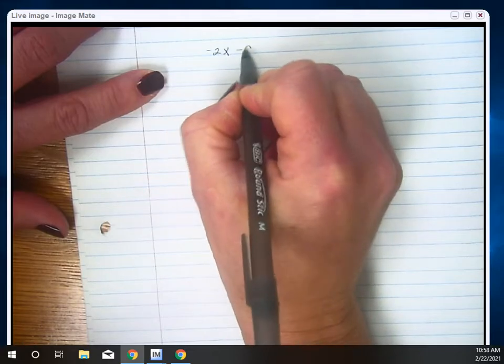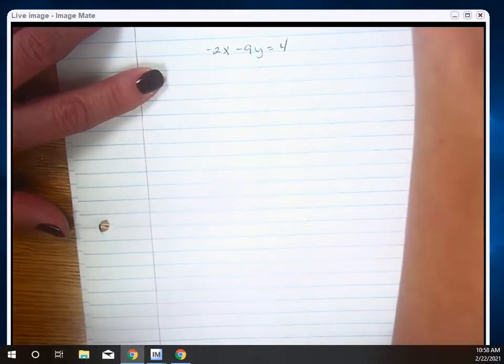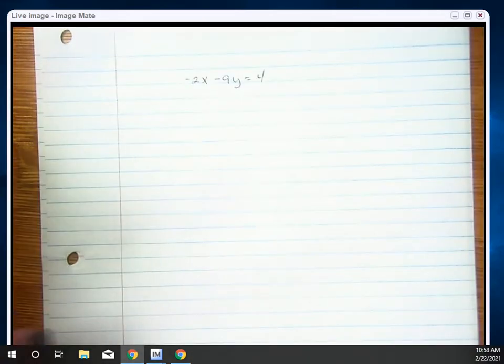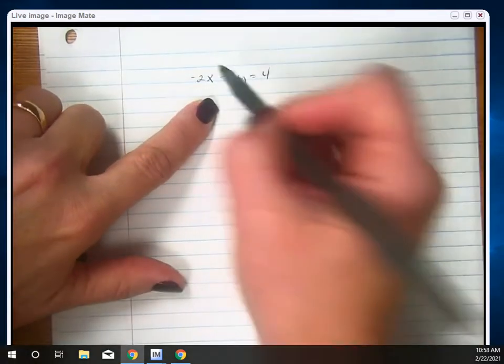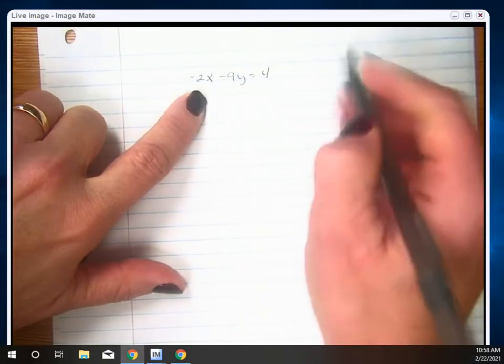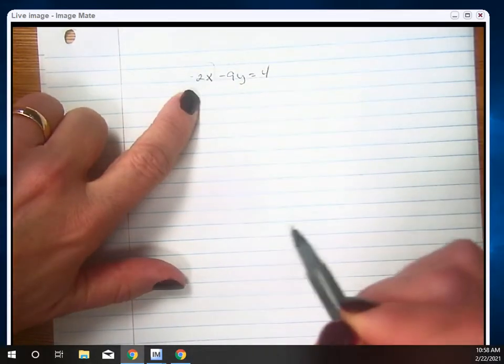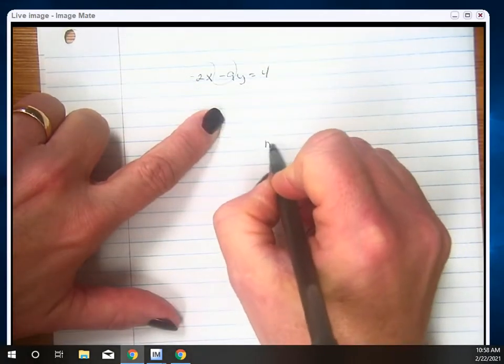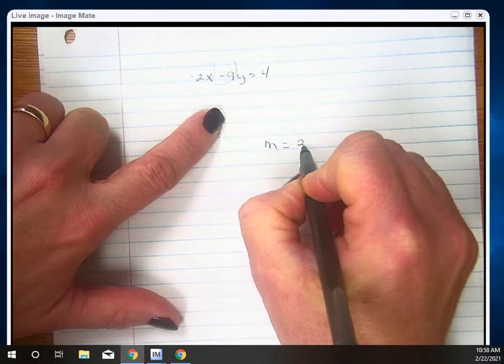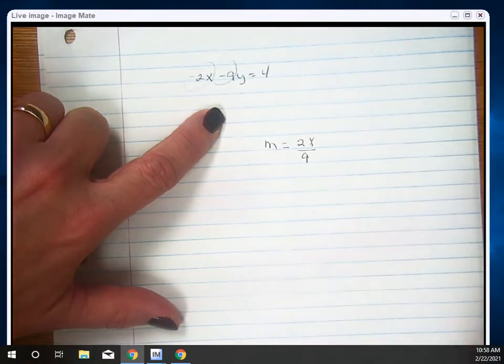If it's the slope, we're really only interested in the numbers with the x value, right? The slope is the number in front of the x when you solve for y. To do this, we have to move this one over and divide by this one, correct? So my slope is 2x over 9 without the x.